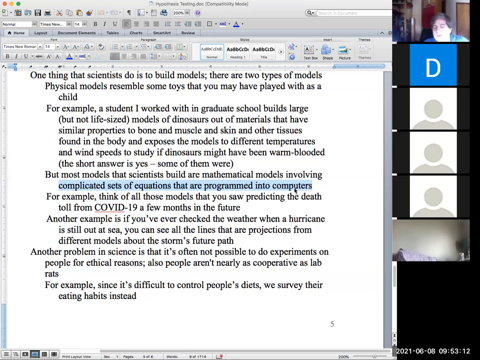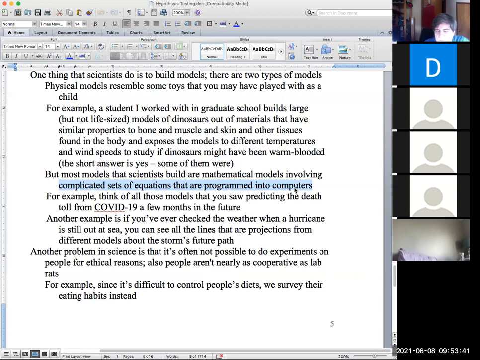Why do they show you all these? All these projections, all these predictions are based on different models. The European Union has one. NOAA, the National Oceanic and Atmospheric Administration, has one. NASA has one.